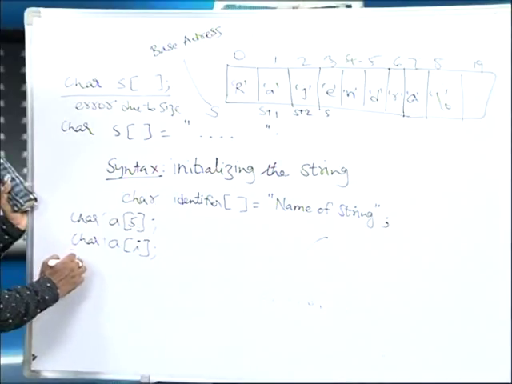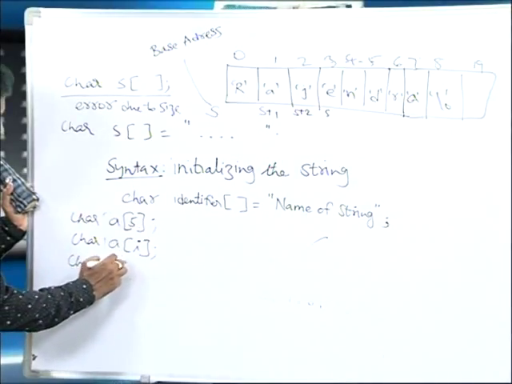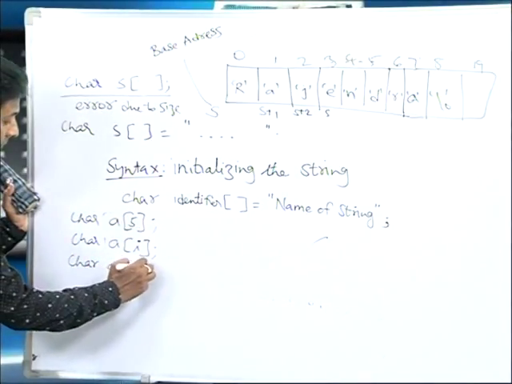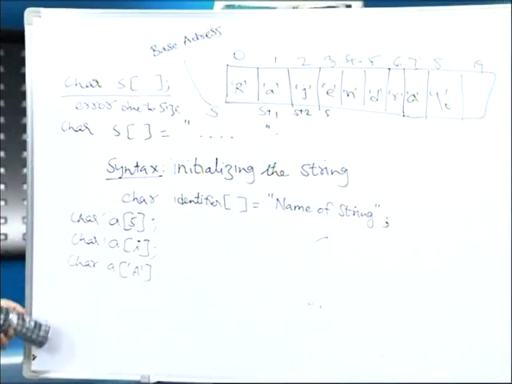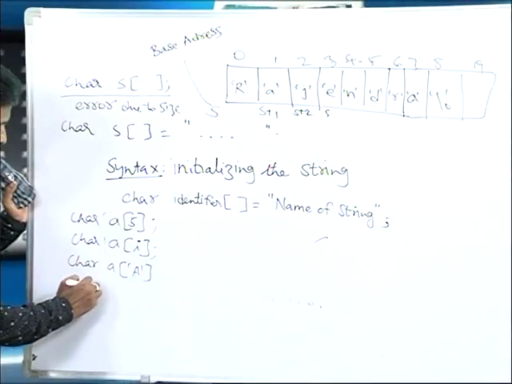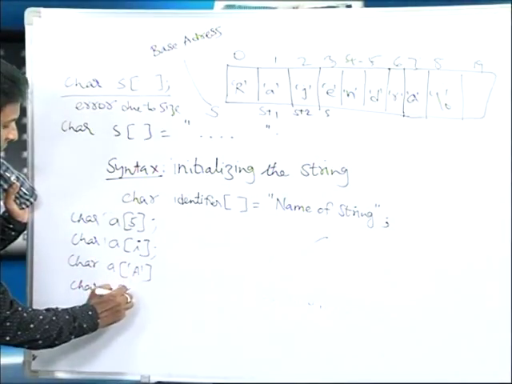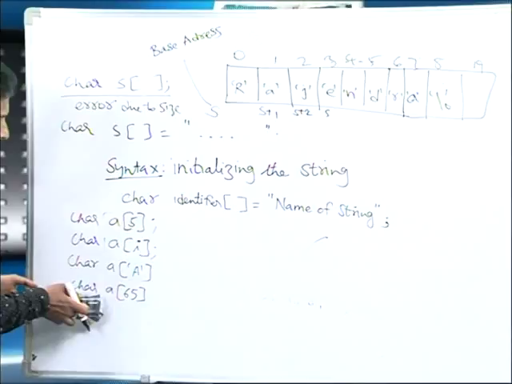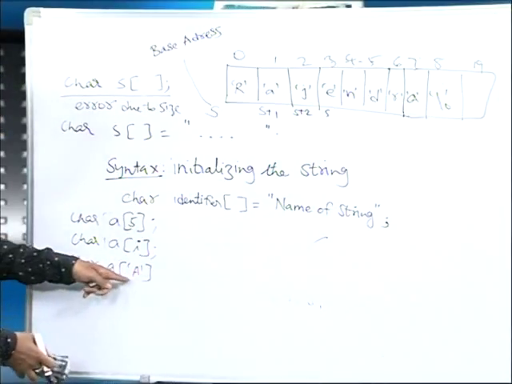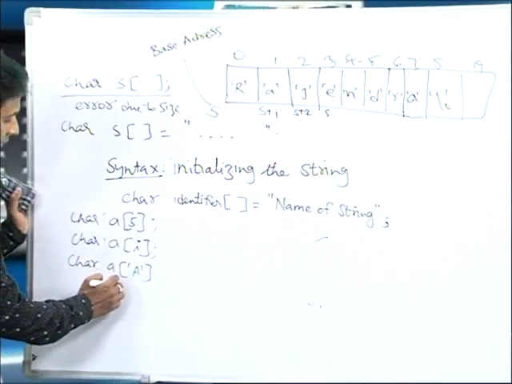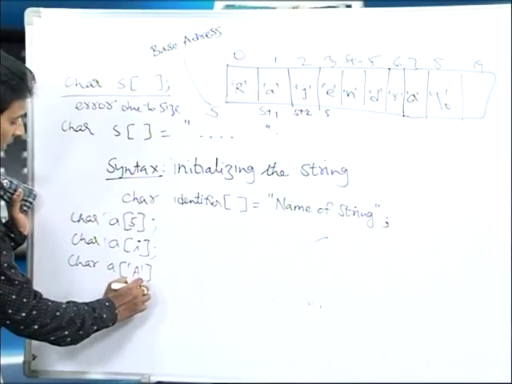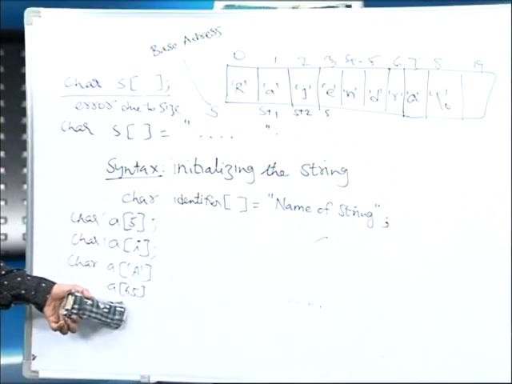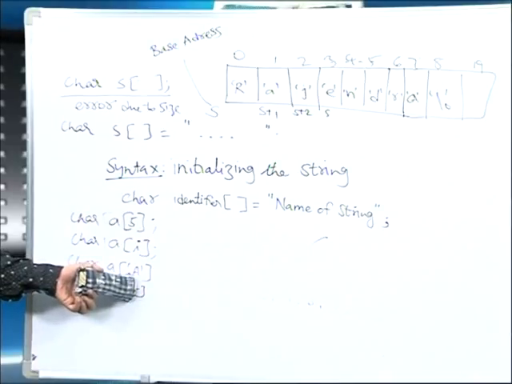Also you can give char a['a'] within single quotes, this is also valid. Char a[65]. The meaning of this one is a[65], since the ASCII value of 'a' is 65. So you can also give this.